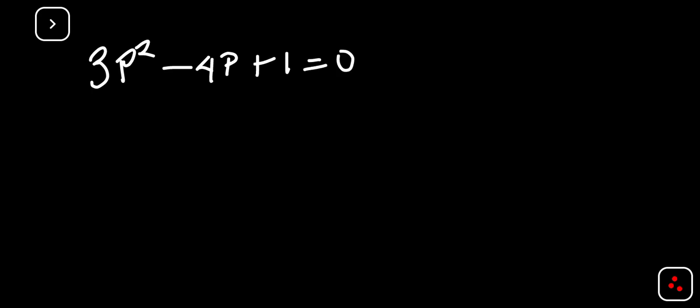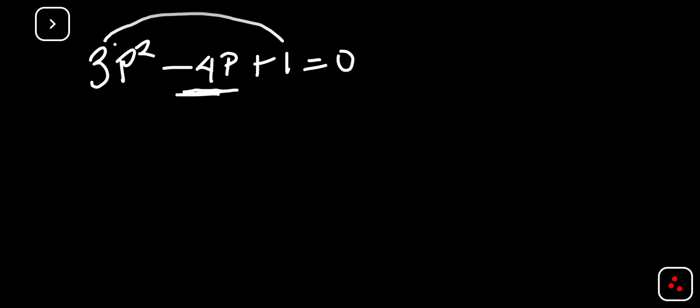If you remember how to solve quadratic expressions, you will know what to do here. We just need to look for factors that when we add together, we'll get minus 4p, and when we multiply, we will get the product of 3p squared and 1. 3p squared times 1 is 3p squared.